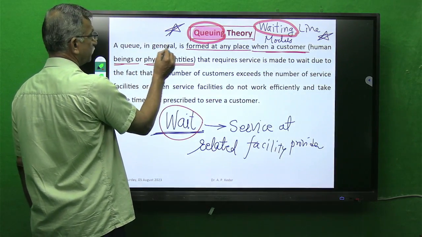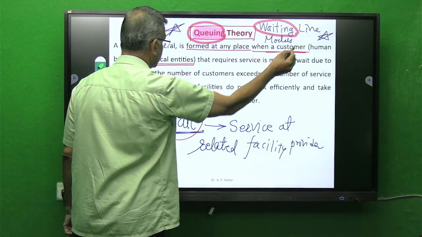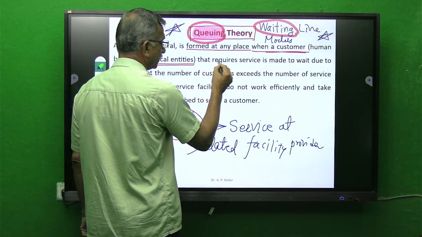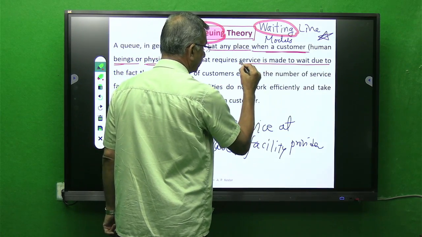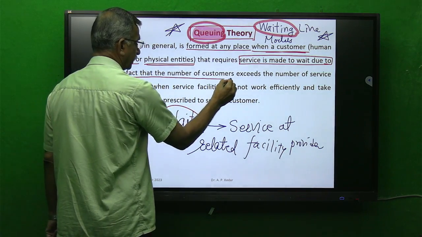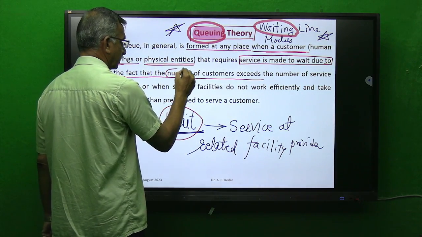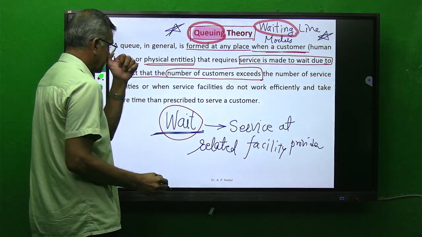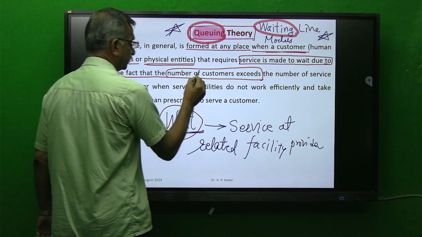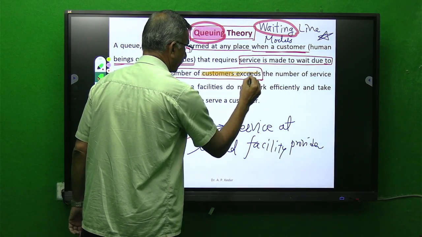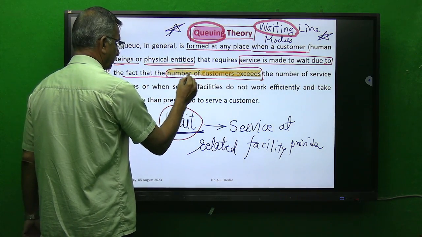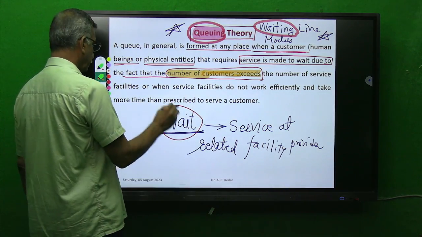Again we'll read: a queue in general is formed at any place when a customer, that is human beings or physical entities that require a service, is made to wait due to the fact that the number of customers exceeds, an important point I will first highlight, the number of service facilities.